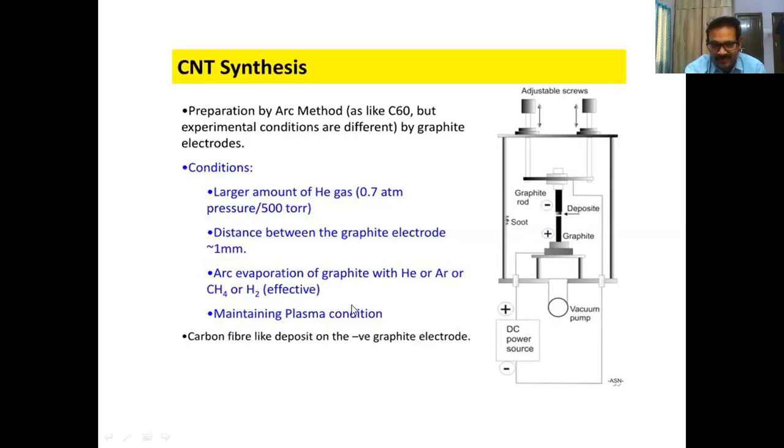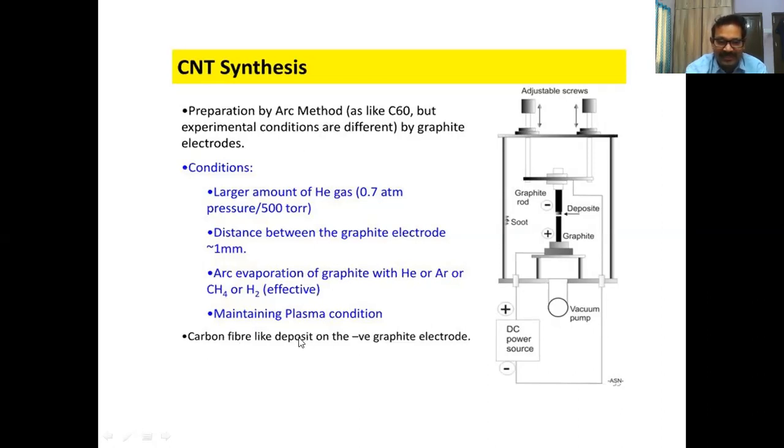and plasma condition. So we normally observe the soot particles which are produced when these two are connected; the arc will produce. From the arc, we normally get the soot. This soot consists of the carbon nanotubes. So we have to collect it in a non-polar solvent. So this is the way that we can prepare the carbon nanotubes.